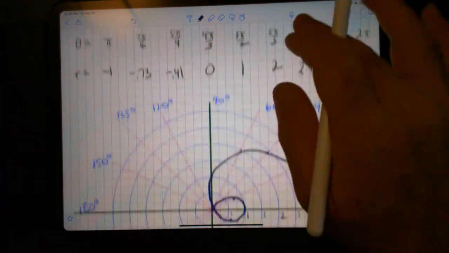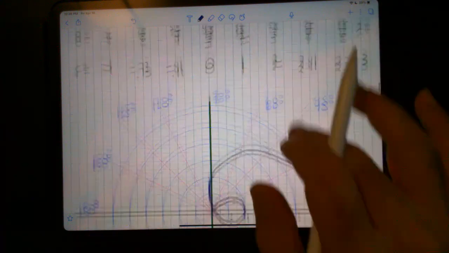And this would be reflexive about the x-axis because cosine is an even function.